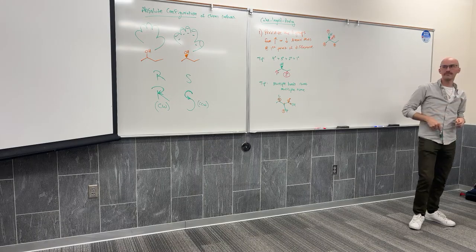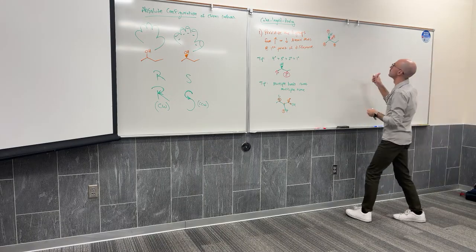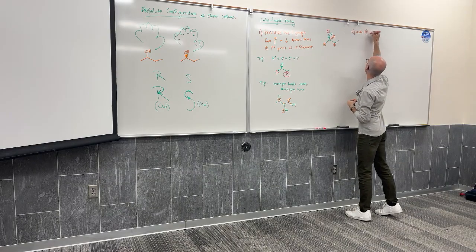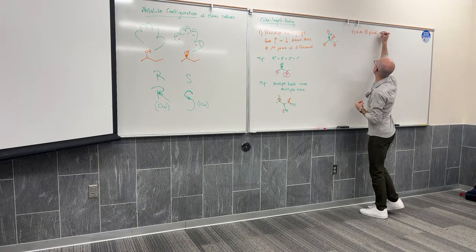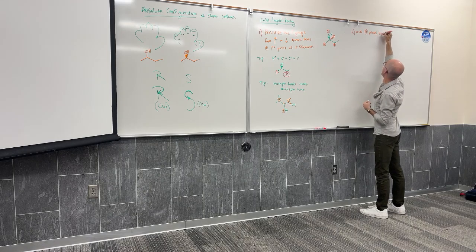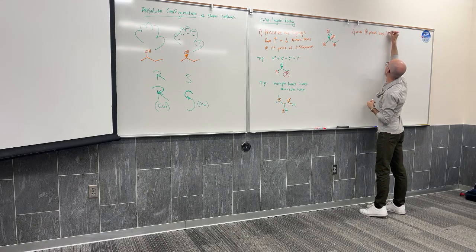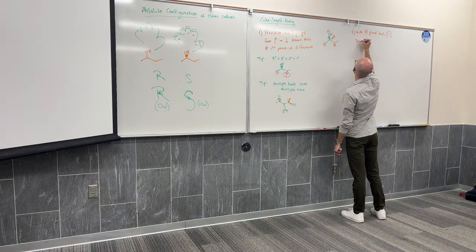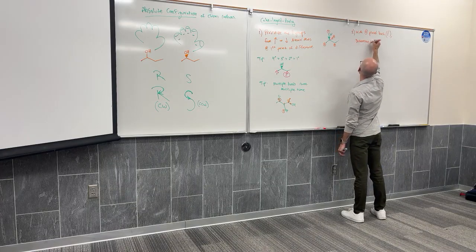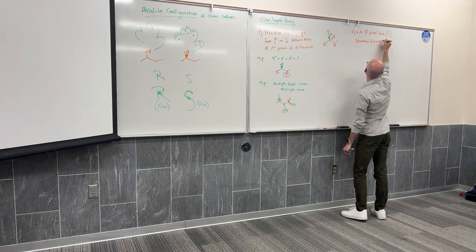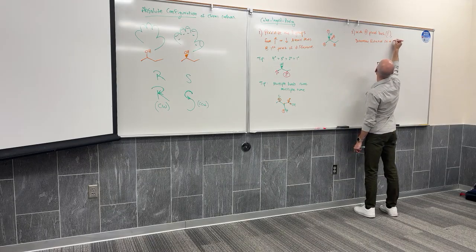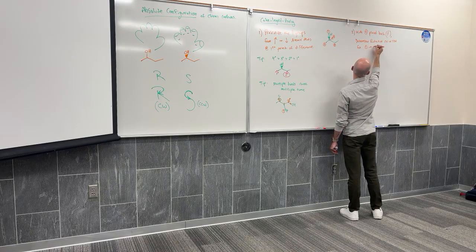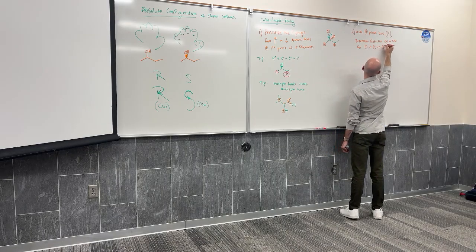Okay. Rule number 2. With priority group 4 placed backwards, which means dashed, determine rotation clockwise or counterclockwise for groups 1 to 2 to 3.